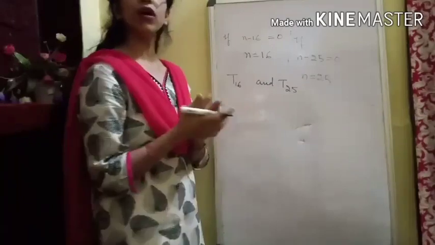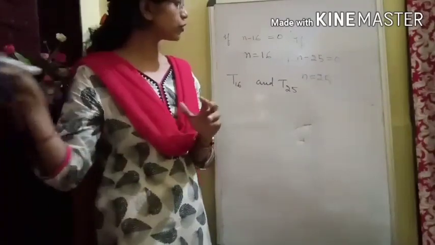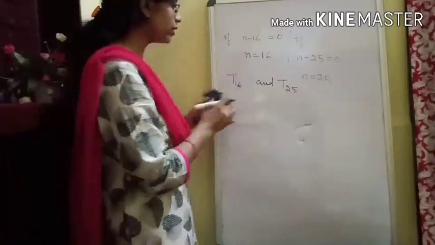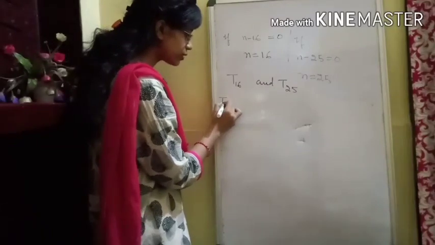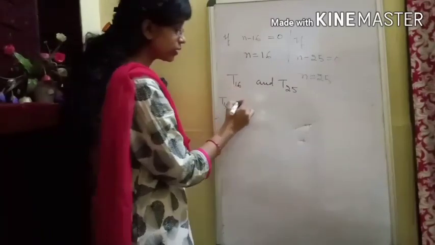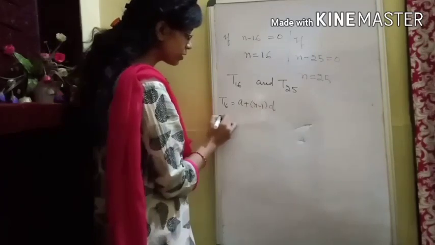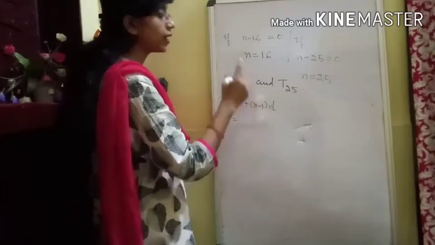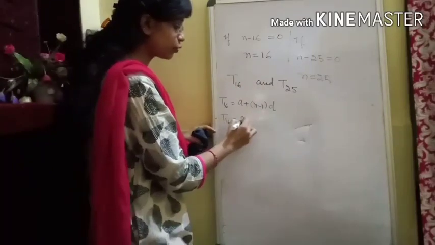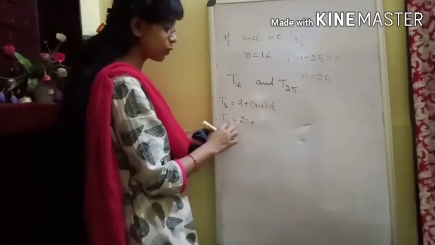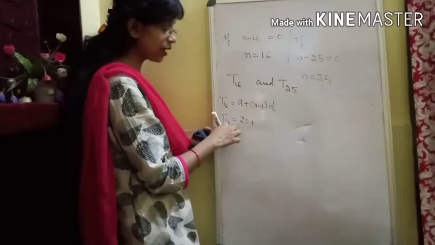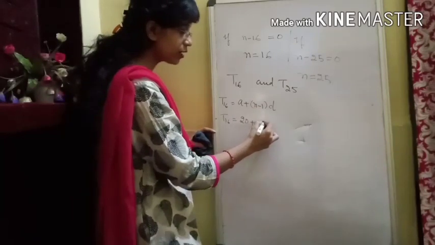And I hope you know how to calculate T16, which I am going to calculate quickly. T16 can be calculated by the formula for the nth term, a plus n minus 1 into d. So T16 would be a, the first term, that is our 20, plus n minus 1, n is 16, so it would be 15 into d.